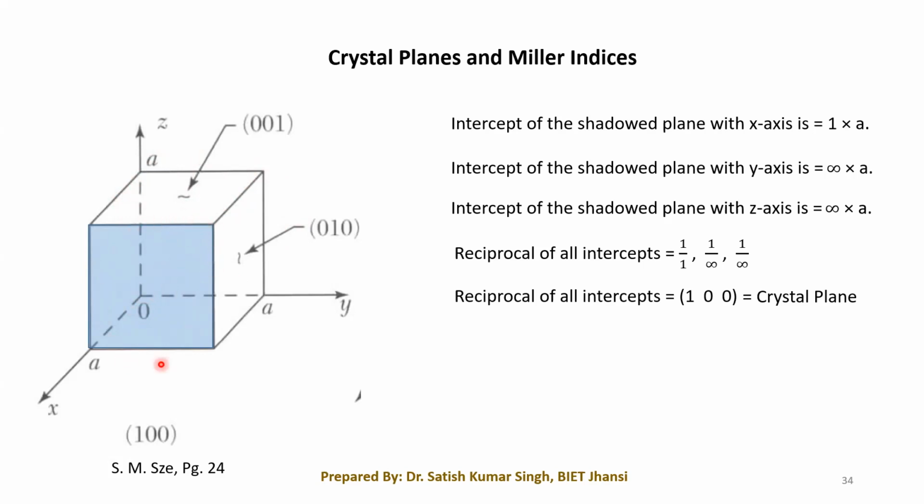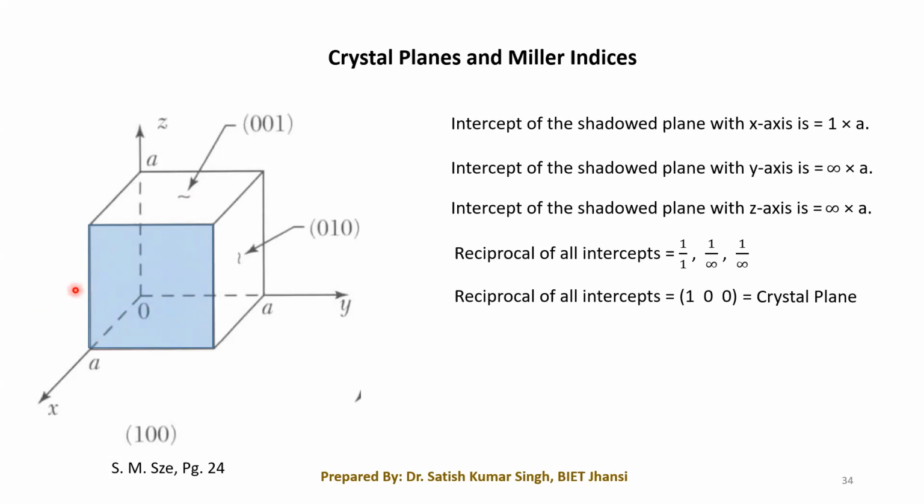Due to this cubic symmetry, all these planes behave equally. And not only these three planes, what if I choose another plane at minus, meaning negative y-axis?